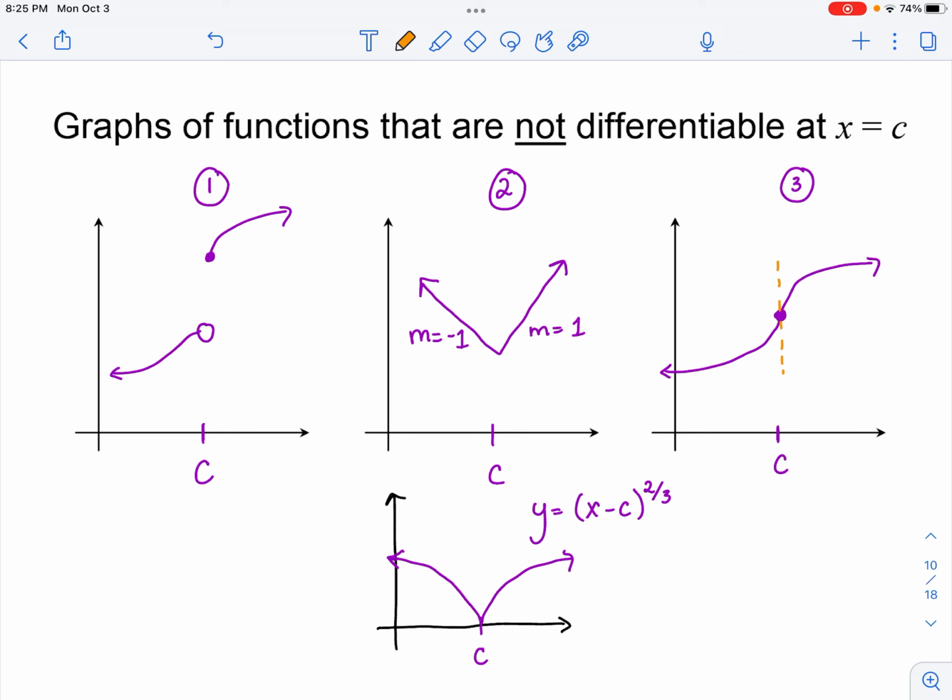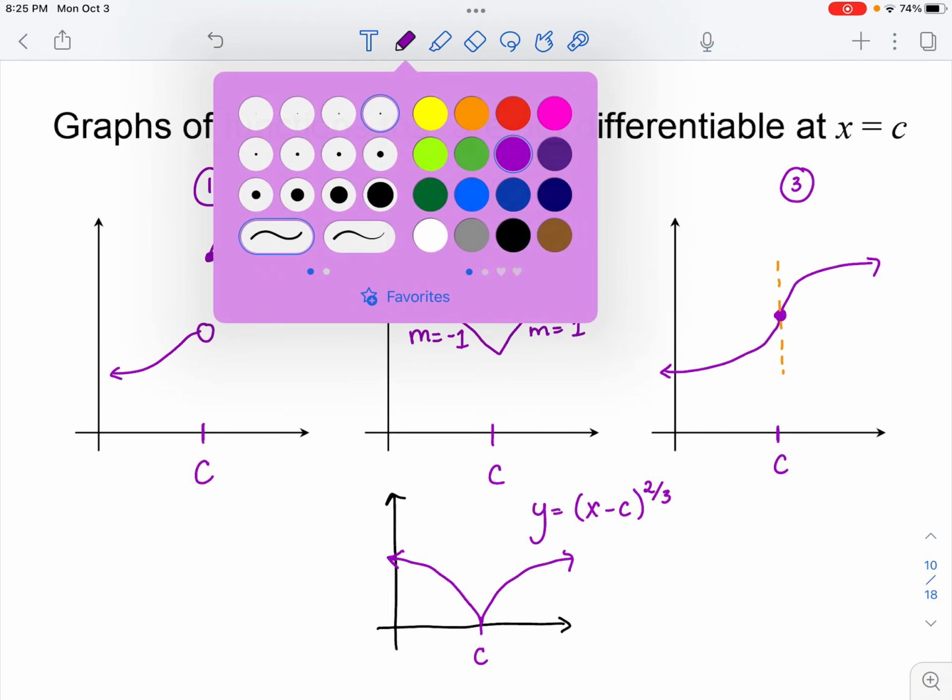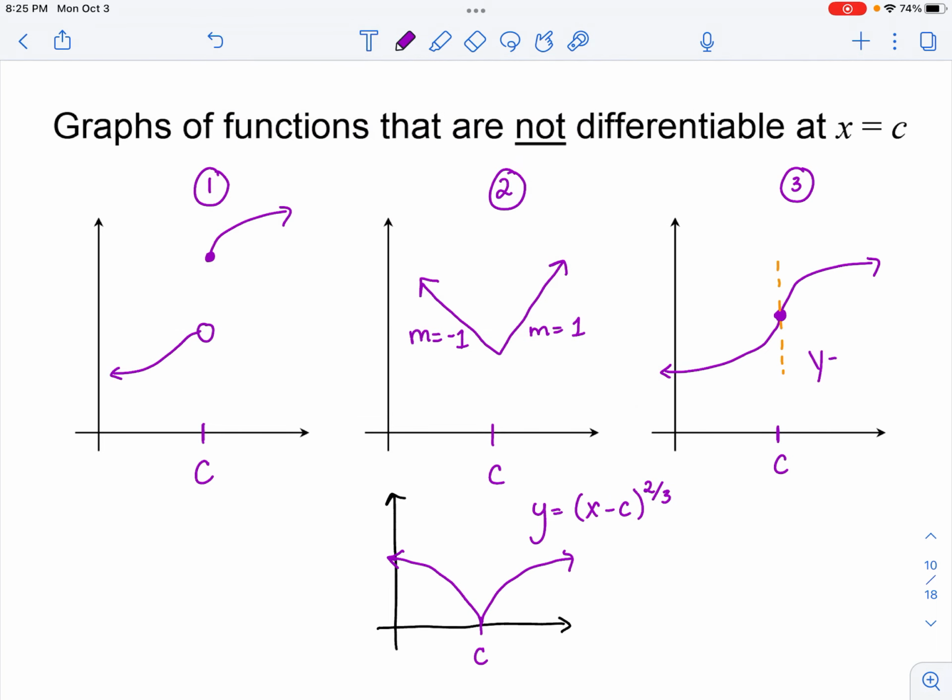Okay, that's what my tangent line would look like there. And this function, this would be y equals the cube root of x minus c. I don't know why I put parentheses there. You don't actually need parentheses there, but okay. So that's visually what these are going to look like.